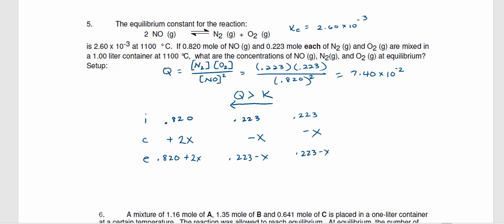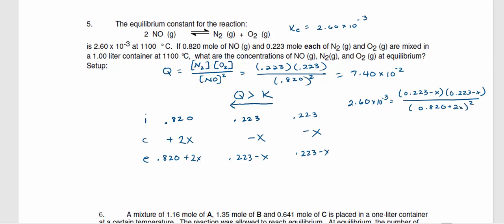Now I'm going to show you a way to do this without the quadratic equation, because there's no reason to make this extra hard. So our K is going to be equal to, I'm just going to start filling in the numbers, 2.60 times 10 to the negative third, and that's equal to 0.223 minus x times 0.223 minus x, divided by 0.820 plus 2x, squared.